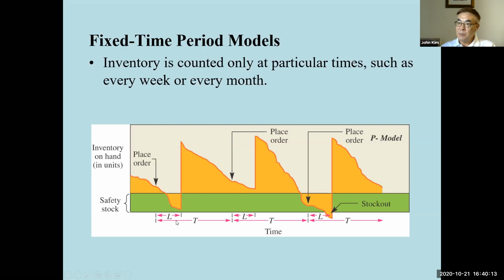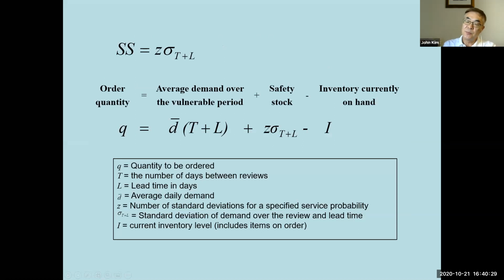If we use the fixed time period model, then when we place an order, maybe the order size is different. The order size Q is similar to the safety stock model. Safety stock for this model is SS equals Z score times standard deviation during lead time plus the given term.